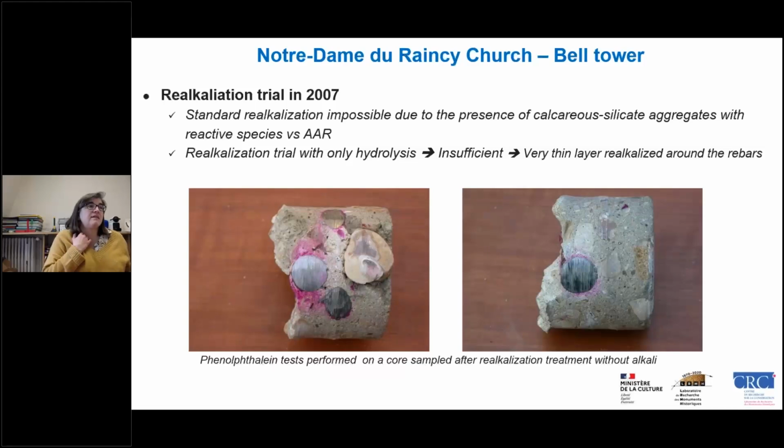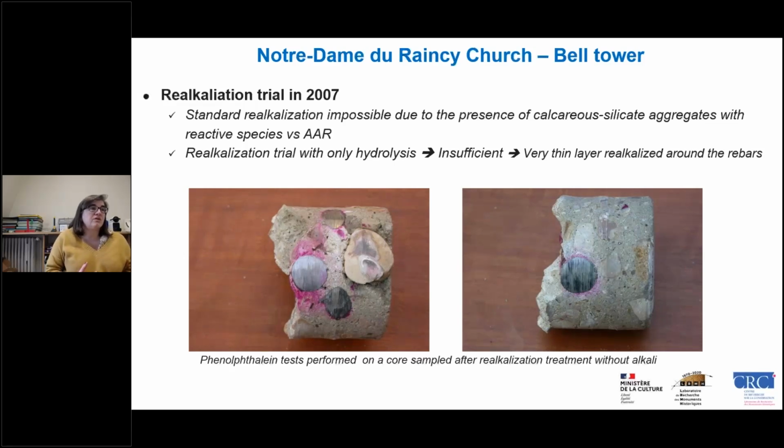I have to say that there was a realkalization trial in 2007, and we performed firstly some standard realkalization, and it appeared impossible due to the presence of aggregates which were reactive to alkali, and so that realkalization was not possible due to possible deleterious side effects.